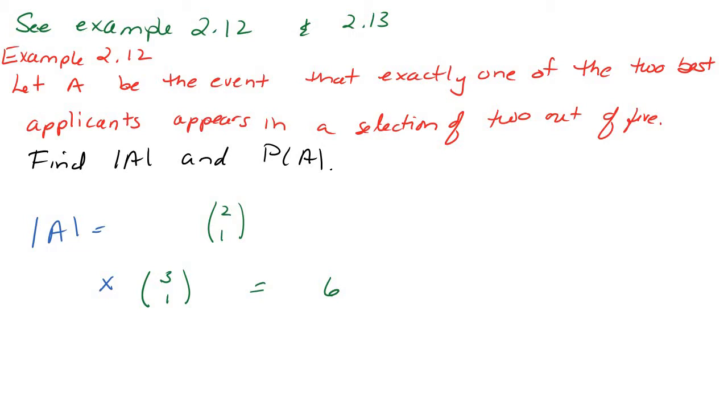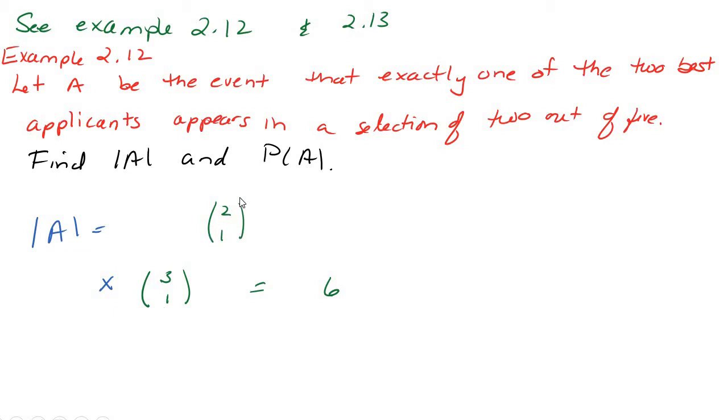So the size of A is going to be, there's 2 good guys total. One of these good guys is going to be selected in the group of 2. One of the good guys would be in the remaining group of 3. So there I said it better than I had in the past.